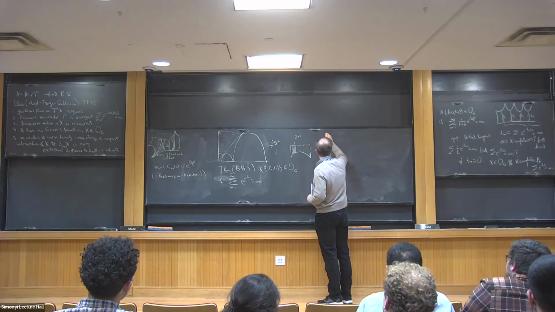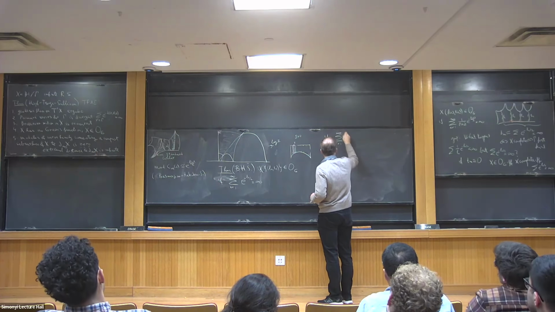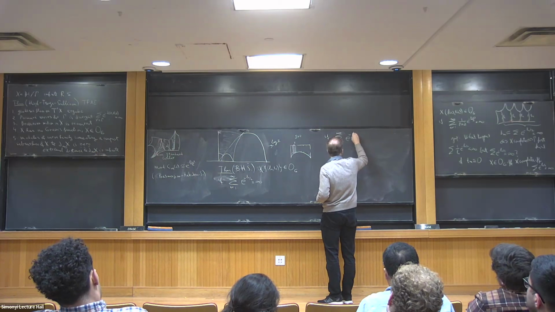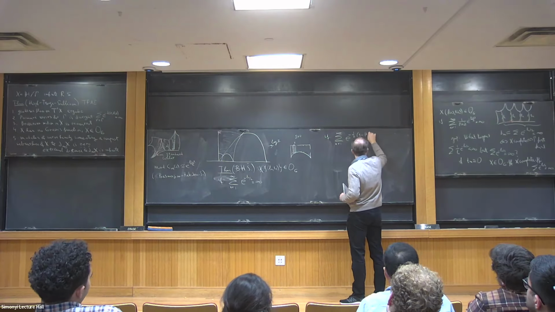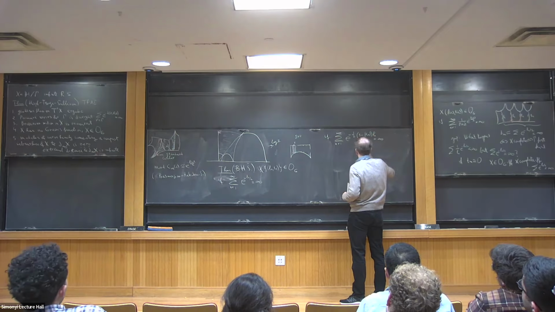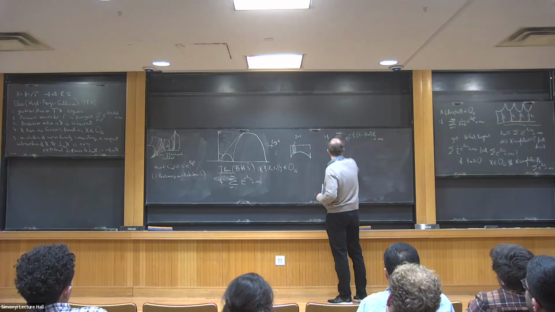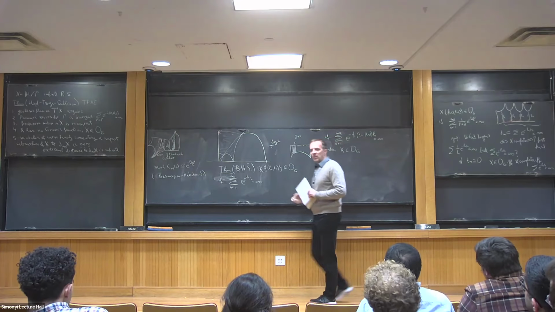So if the sum, n goes from 1 to infinity, of e to the minus 1/2 (1 minus the absolute value of the twist) times ln is equal to infinity, then the geodesic flow is ergodic.